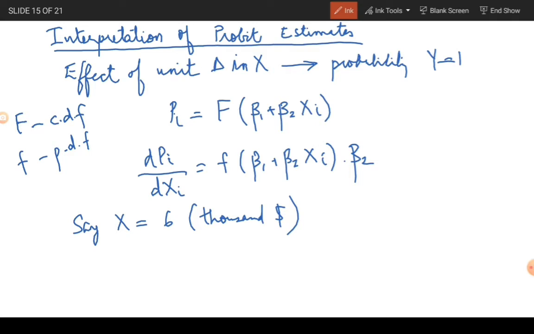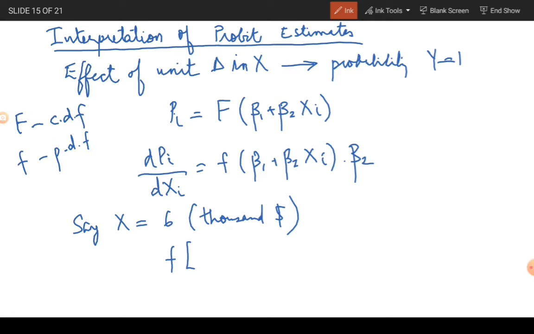And if you want to know at this income level how a small change, a unit change in income, will affect the probability of owning a house, you can always estimate that by putting down the values of beta 1 and beta 2 from the regression results.